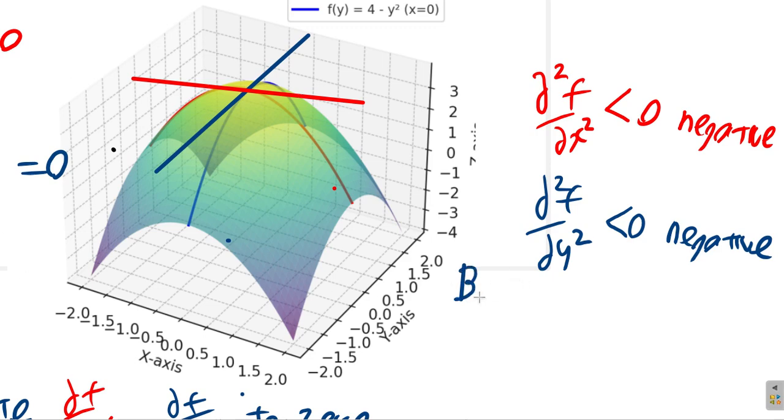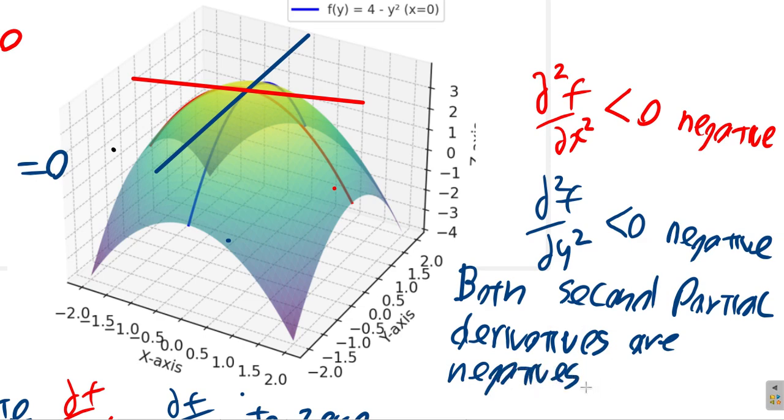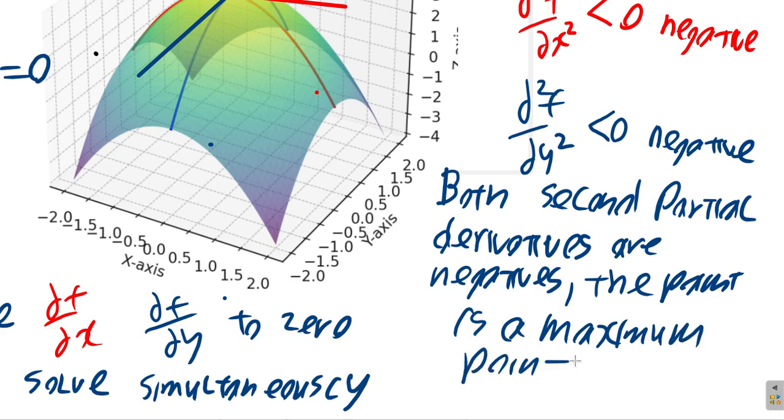When you have both second partial derivatives negative, the point is a maximum point.